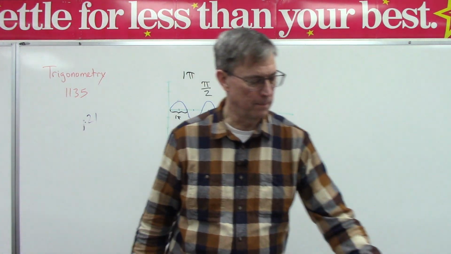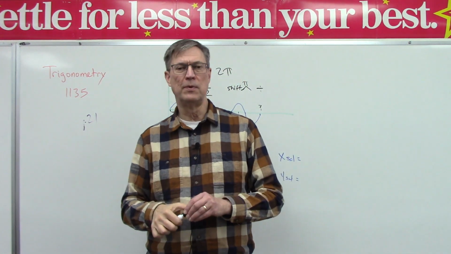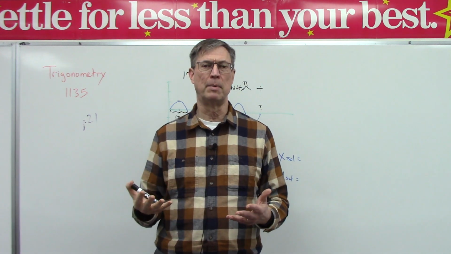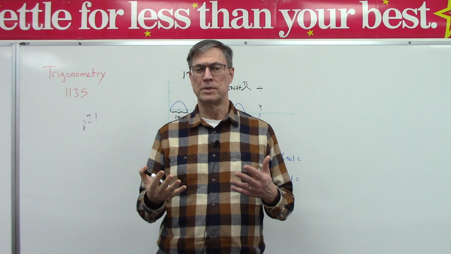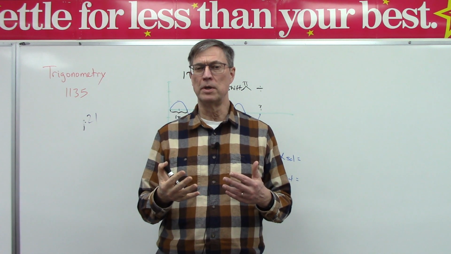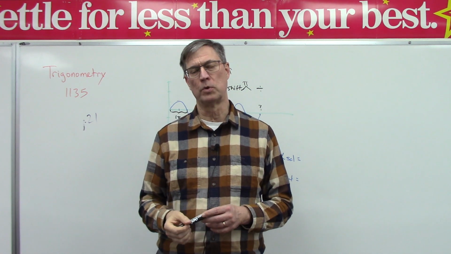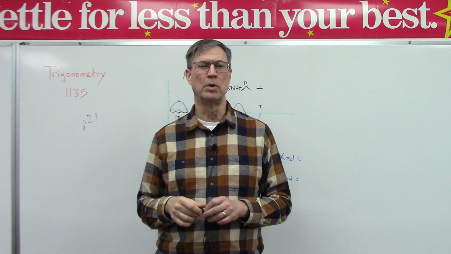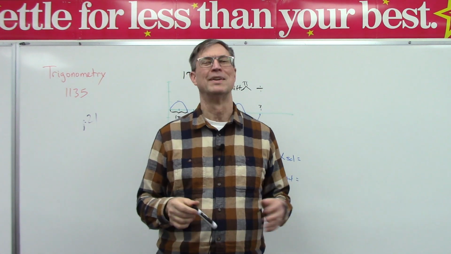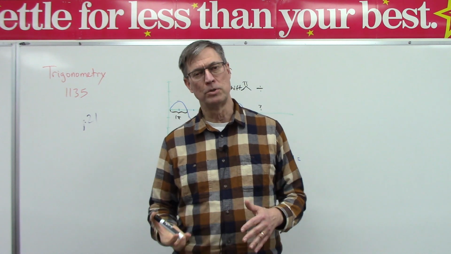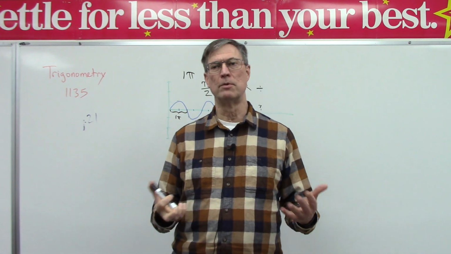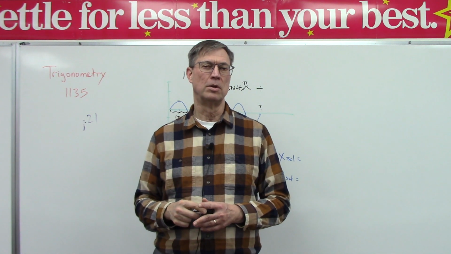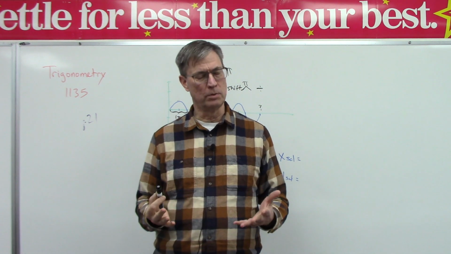Okay? Now, as I mentioned in a previous video, whenever you use these numbers like pi and pi divided by 2, all of a sudden your calculator is going to convert it into a decimal number. Okay? And that's fine, because if you in your head think about pi being 3.14, blah, blah, blah, and then you were to divide by 2 or multiply by 6 or whatever, you're going to get the same decimal number that your calculator converted your answer into.